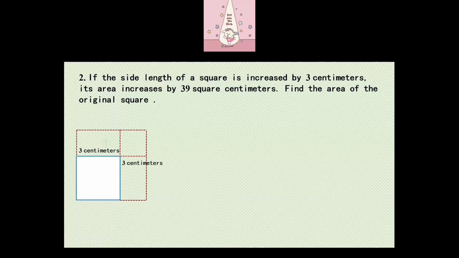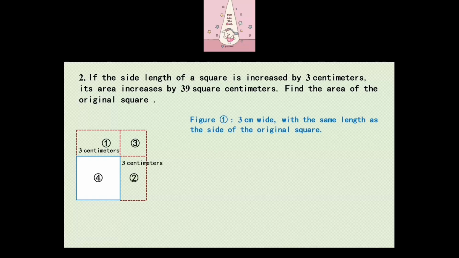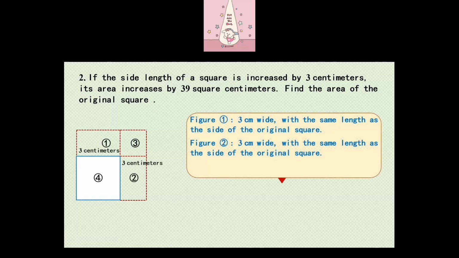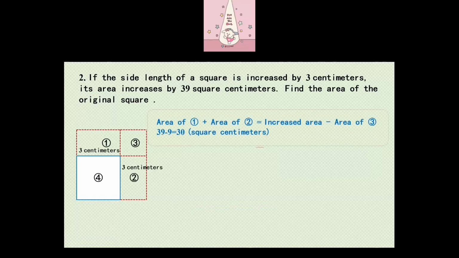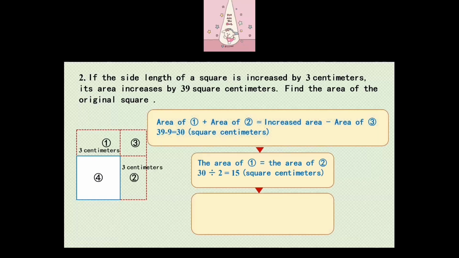We draw the bigger square, and the extra area includes a 3 times 3 corner, area 9, plus 2 strips. So the strips together are 39 minus 9 equals 30. The two strips have width 3 each, so total width is 6.